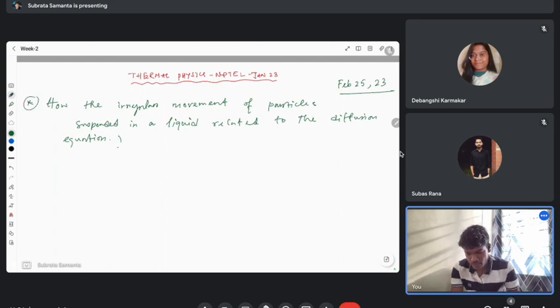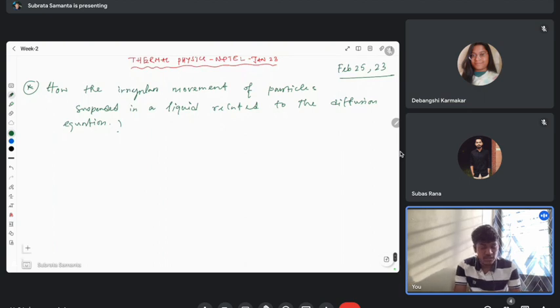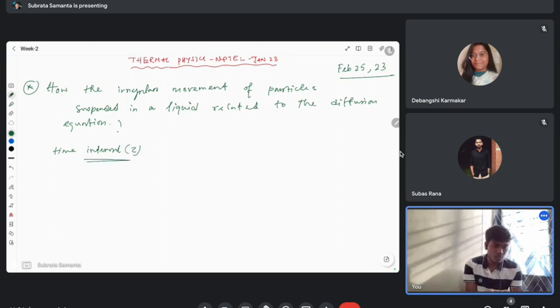We make some assumptions: each particle's movement is independent of the other particles' movements, and the movement of the same particle in different time intervals is independent. So we consider a certain time interval tau, and two subsequent time intervals are independent.